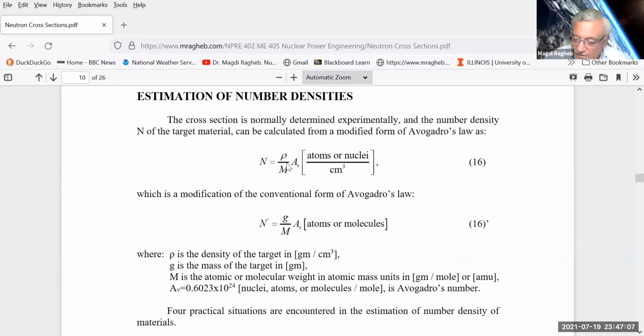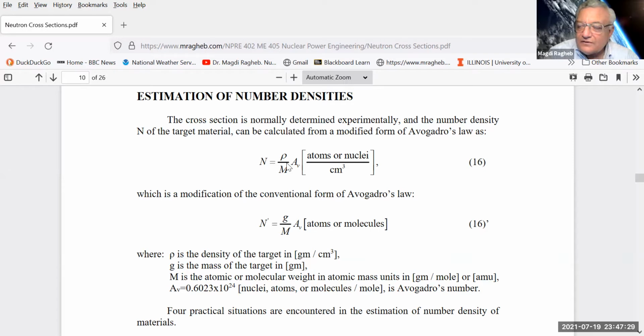The difficulty comes when we deal not with pure substances, like calcium or lead, but with different isotopes or with compounds like H2O. Luckily for us, the cross-sections for compounds add up.